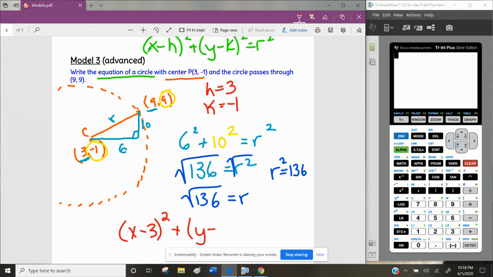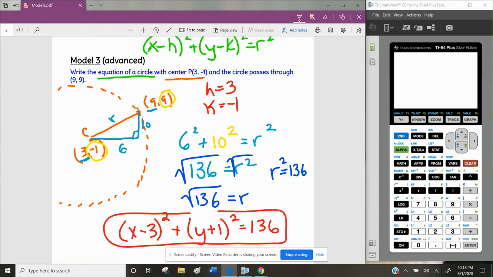Since k is -1, we're going to have a +1 in our equation, and our radius squared was equal to 136. So here's our final answer to this question. So we used the distance formula to help us solve a more advanced question. The distance formula, finding the distance between 2 points using Pythagorean theorem, did not become any more complicated here.